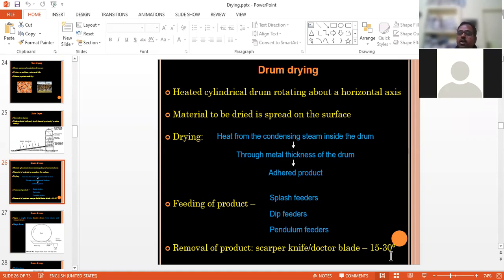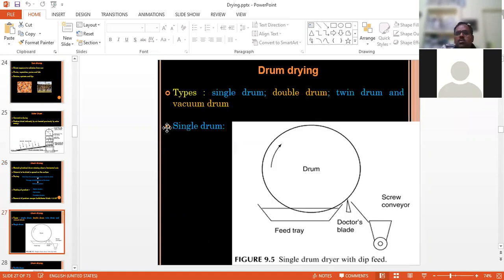Here you can see drum drying. Drum drying may be single, double or twin drum, or even vacuum drum. In the single drum, you can see the drum which is steam heated.